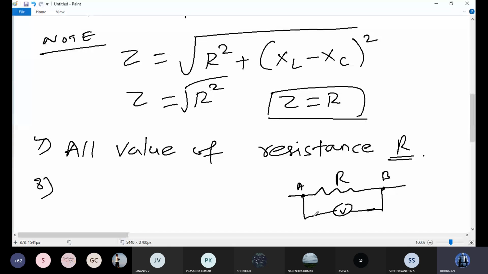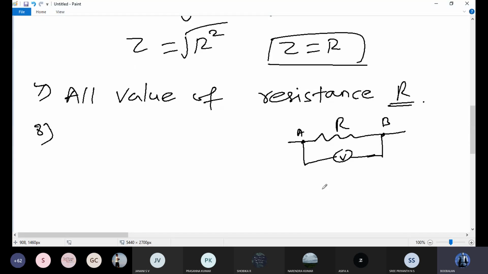So voltage across R equal to applied EMF. Both are equal, applied EMF and R value.